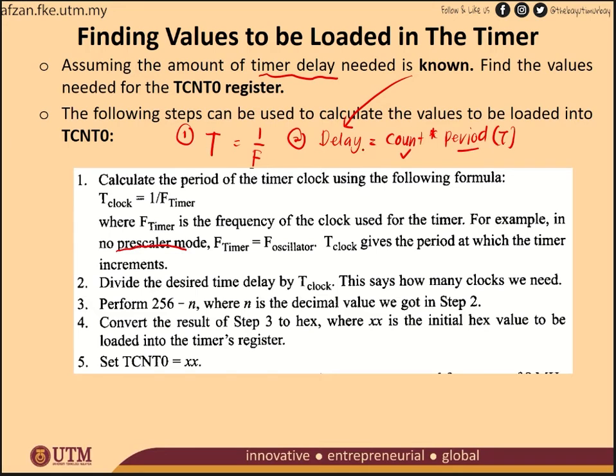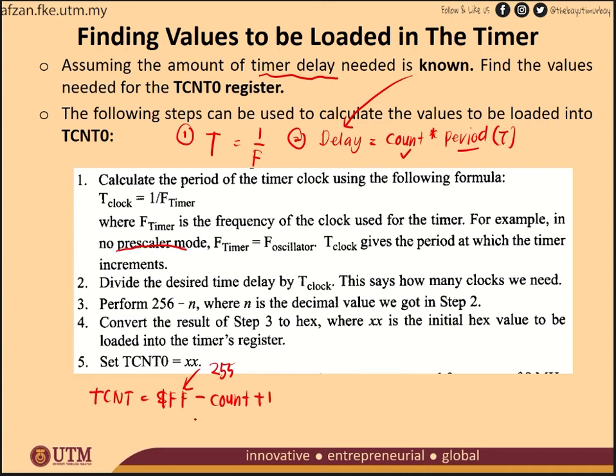Once you get your count, you can use this formula: TCNT equals FF minus count plus 1, in which FF you can change to 255. So 255 minus the count from equation 2, plus 1, then you get the TCNT value.